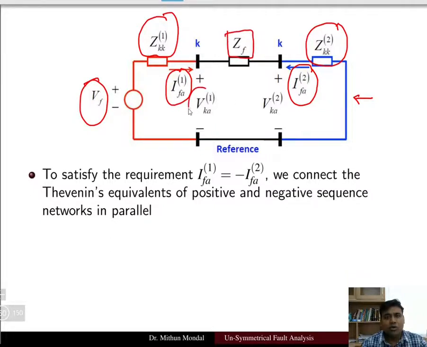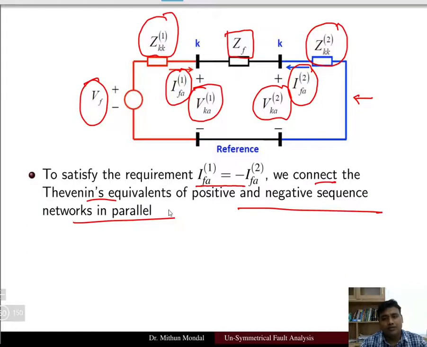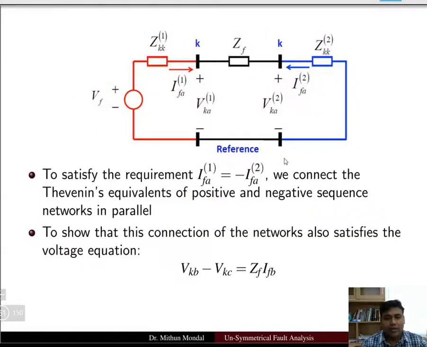This is the voltage of phase A positive sequence and this is the voltage of phase A negative sequence. So to satisfy the requirement IFA1 equal to minus IFA2, we connect the Thevenin's equivalents of positive and negative sequence in parallel. Since the negative sequence fault current in phase A is the negative of the positive sequence current, we can connect them in parallel.